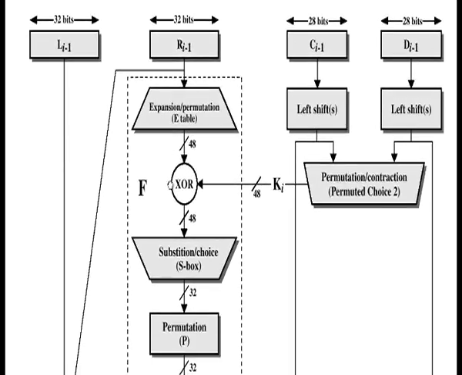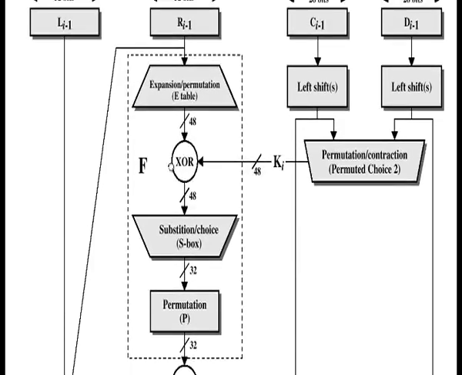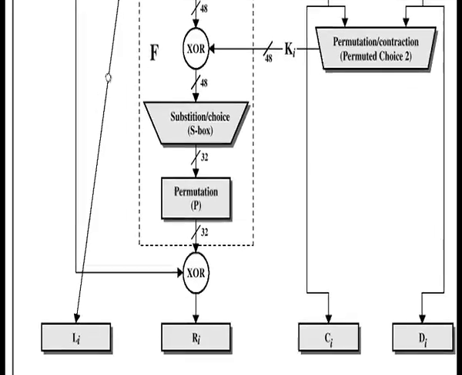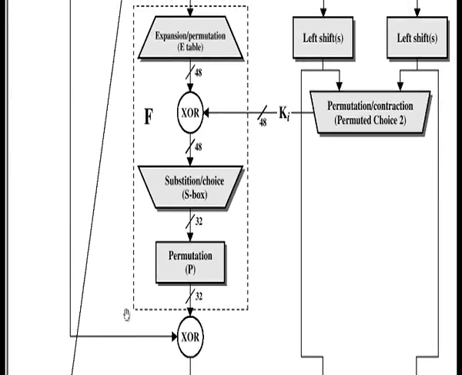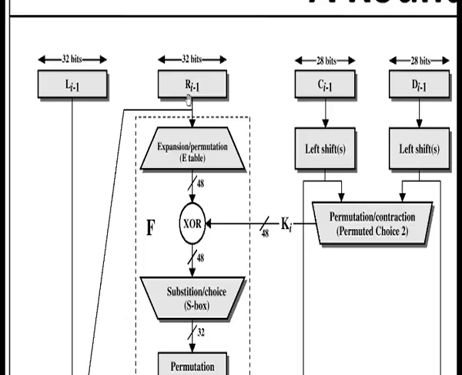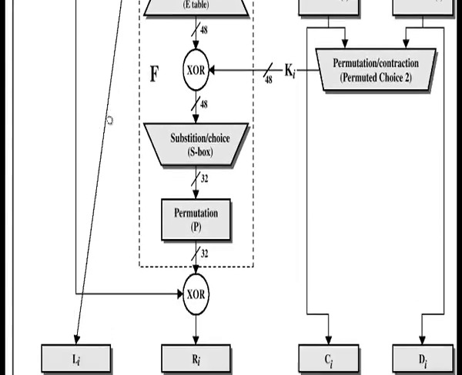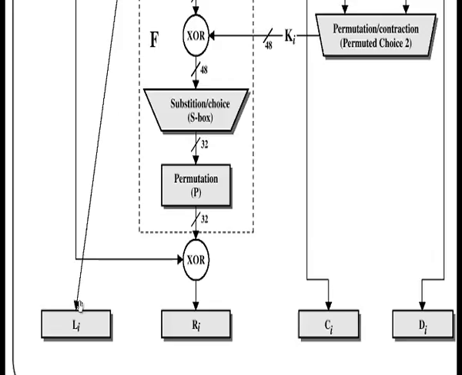We can also see here that a copy of R is directly transferred into L of the next round. This we have observed in the Data Encryption Standard algorithm. The right half does not go through any operation, just swapping of bits. That is also another weakness of this algorithm.